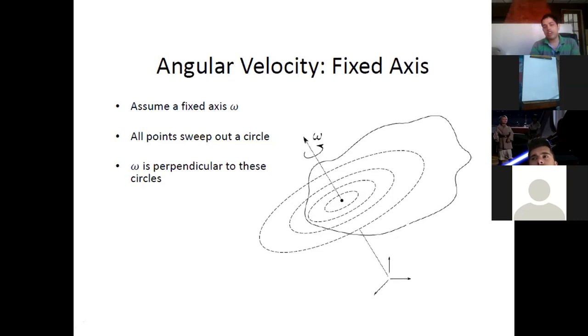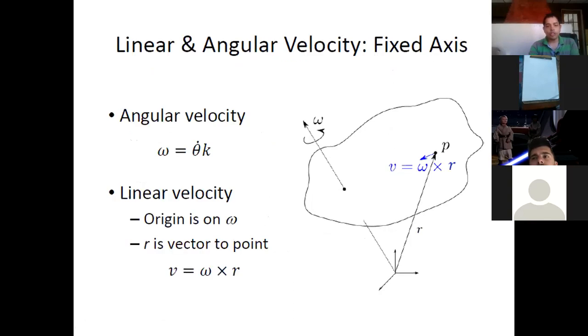So there is no translation motion. What is the direction of omega here? Let's say this is the k direction, then it's in the direction of k. That's the omega, right?